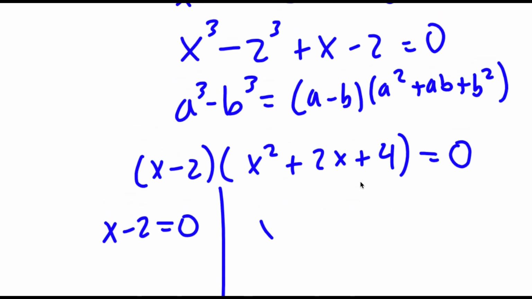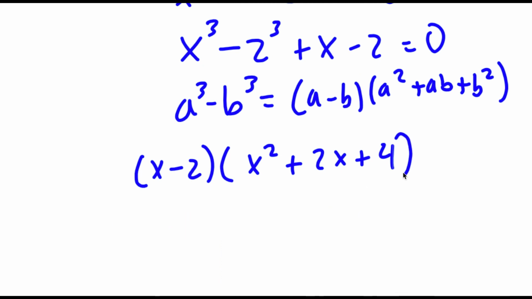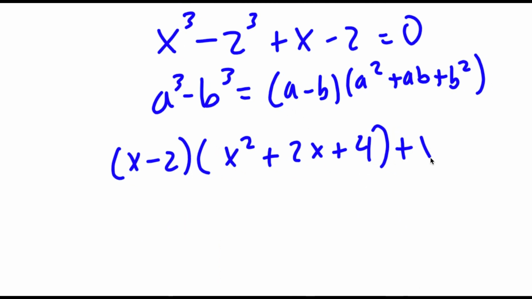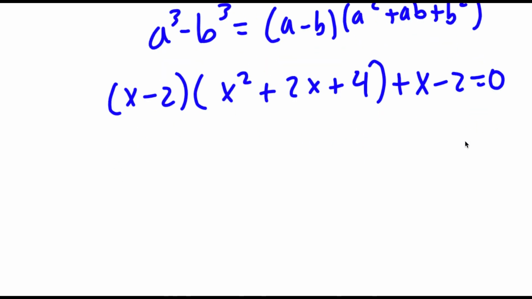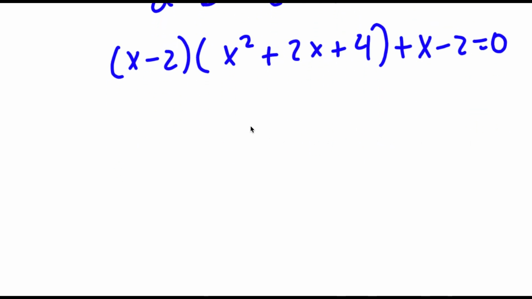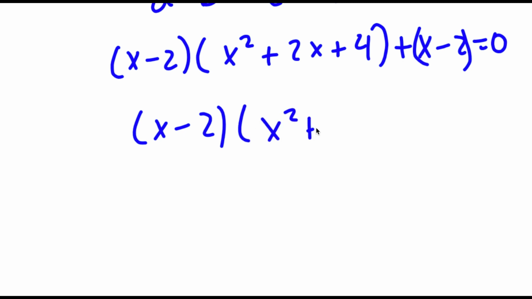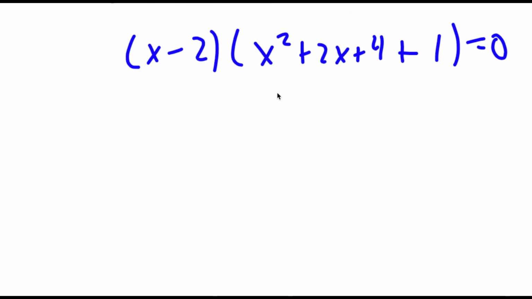And actually before that, remember how we have this plus x minus 2 is equal to 0. So now if I factor out x minus 2, I get x minus 2 times x squared plus 2x plus 4 plus 1 is equal to 0.